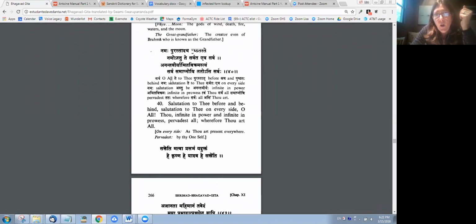And so we see oh, all in the eighth case, and then we have, you know, all thou art. And so the English: salutation to thee before and behind, salutation to thee on every side, oh, all, eighth case. Thou infinite in power and infinite in prowess, wherefore thou art all. So interesting to even see it in eighth case.